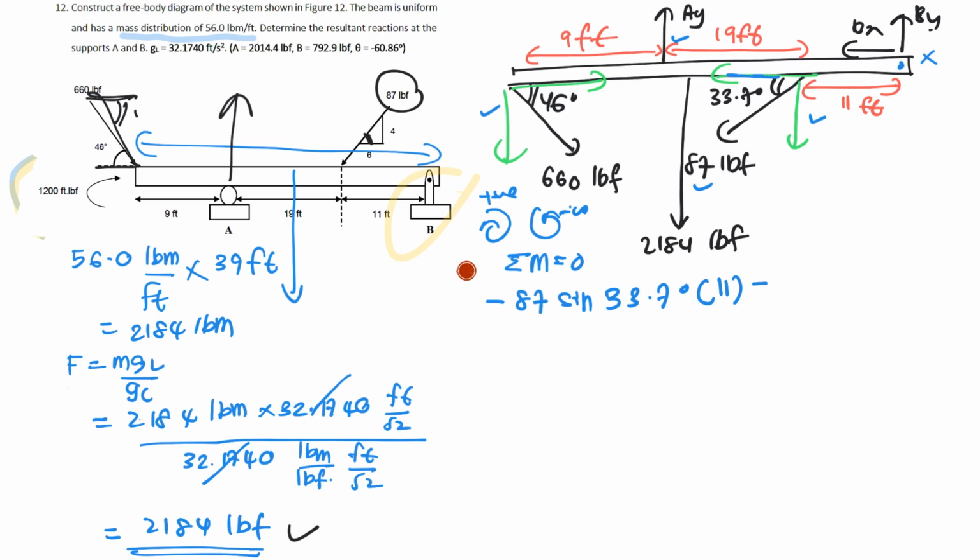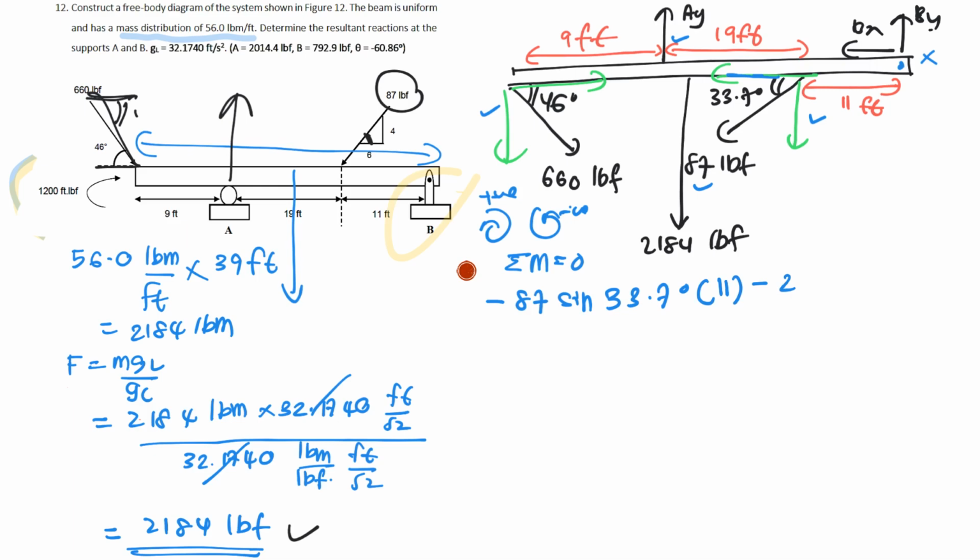Minus, because 2184 is anti-clockwise. Please don't assume downward and upward; if you do, you will have trouble with the sign. For moment, only focus on clockwise or anti-clockwise. That is the common mistake students always make in exams, tests or quizzes.